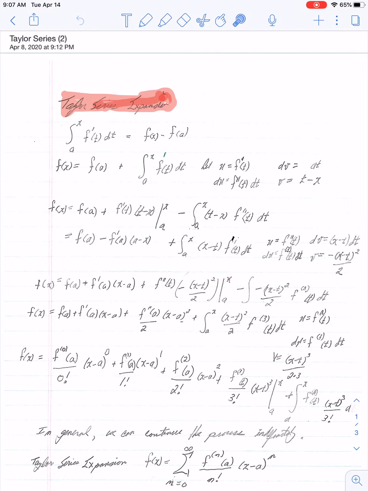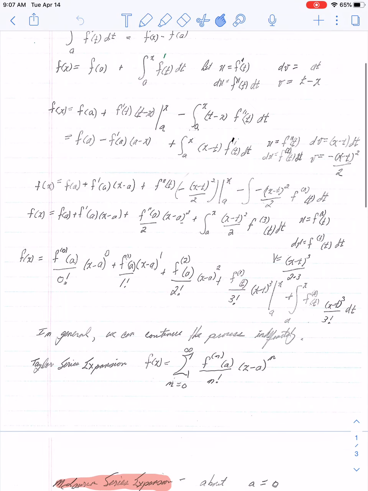So the bottom line is this, right? If f is infinitely differentiable, then I get the Taylor expansion of f. And what is it? The nth derivative of f evaluated at a over n factorial times (x minus a) to the n, and n runs from 0 to infinity.